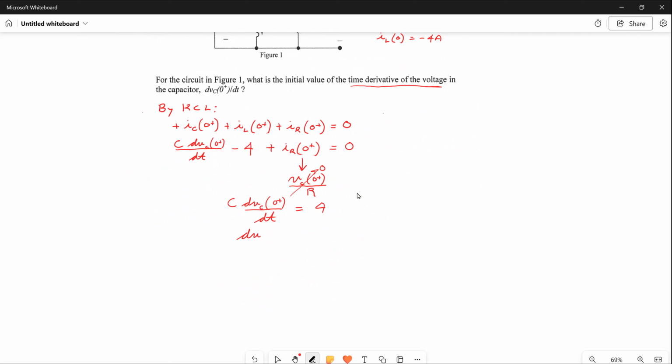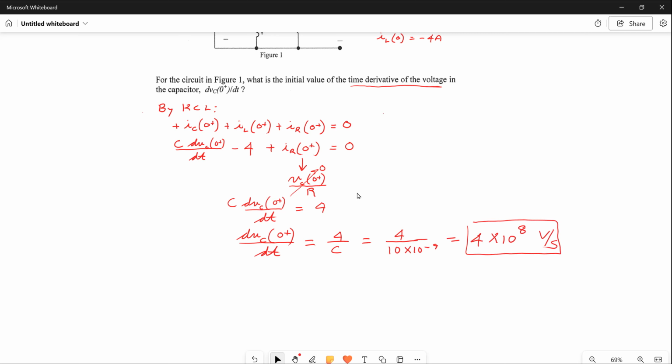So the derivative of the voltage across the capacitor at 0 plus is equal to 4 over C, which is 4 all over 10 times 10 to the minus 9th, 10 nanofarads. And that turns out to be equal to 4 times 10 to the 8th volts per second. And that's your answer for the time derivative of the voltage in that circuit with respect to time.